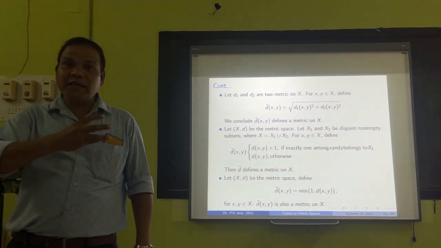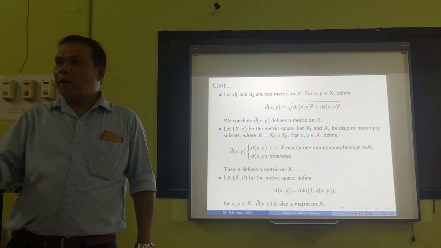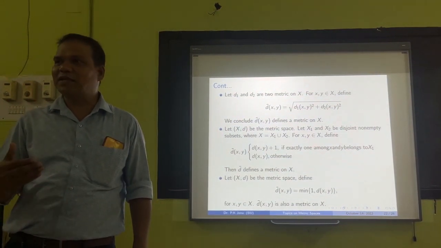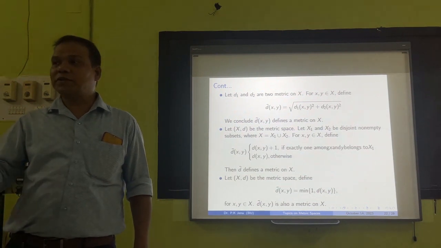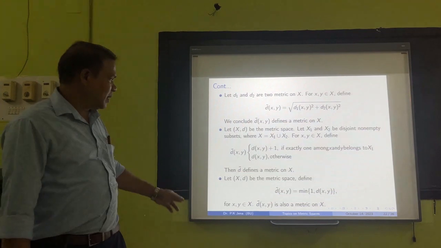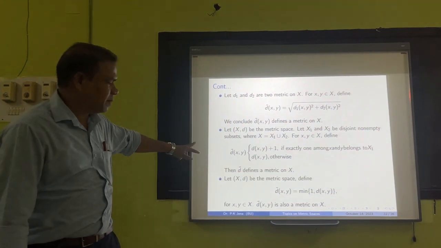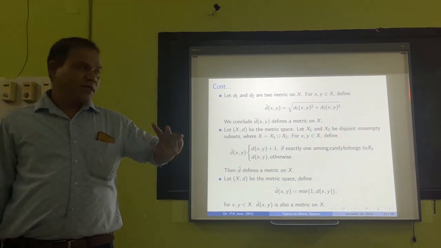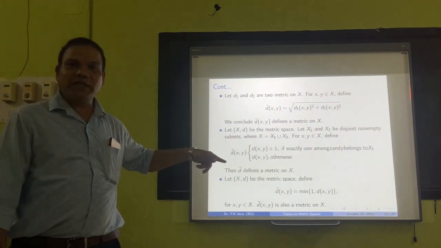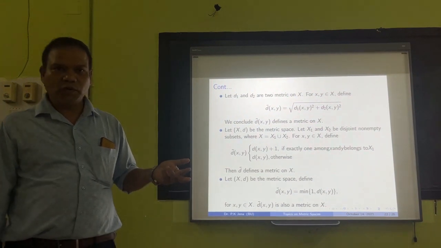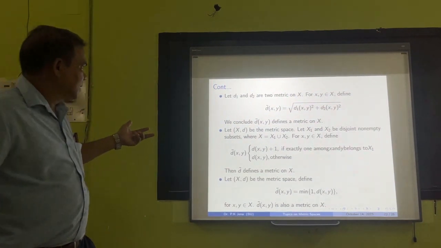We are considering the minimum and maximum for real numbers and real valued functions. You cannot consider the same thing in case of complex valued functions and complex numbers. It is not possible. So you can define the minimum by using this definition. You can do the proof of all four properties, and the non-empty set together with this metric is also a metric space. So we'll see the next example.